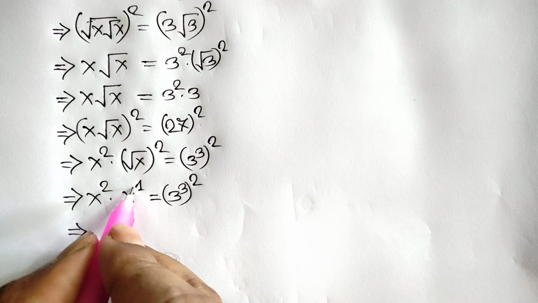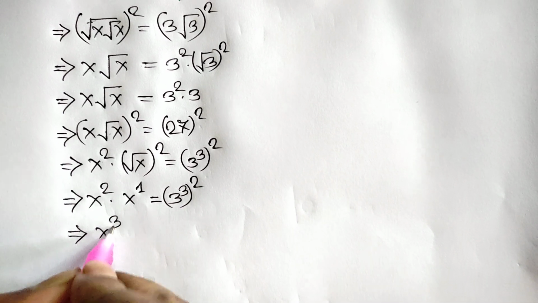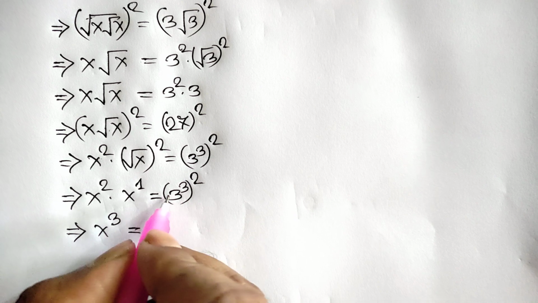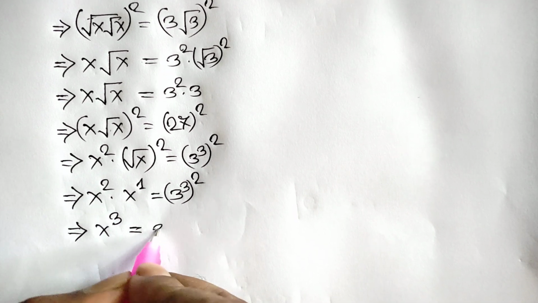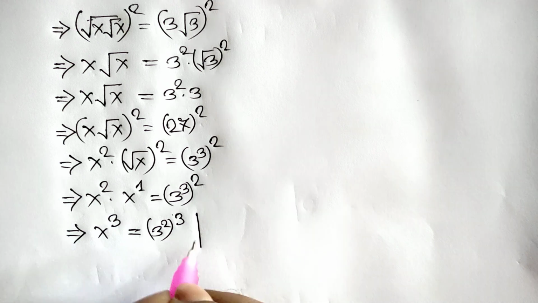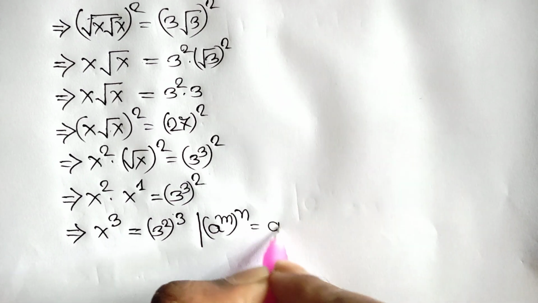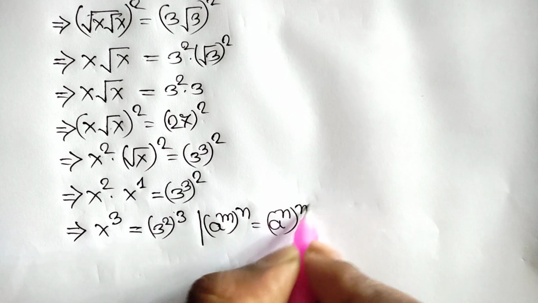Or x square times x to the power 1, that means x cube, is equal to 3 square whole cube, because a to the power m whole to the power n is equal to a to the power n whole to the power m.